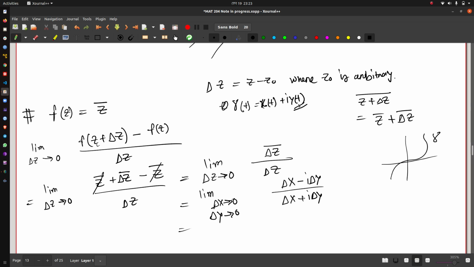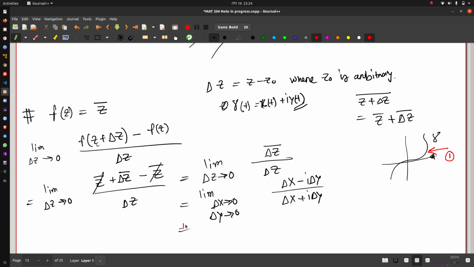But we'll discuss these things in later lectures, where we will discuss integrations and all that. For now, let's take the simplest case, and consider the case where you approach from the positive x-axis, and there is no y part, right? That means you are moving in this direction. So this is our case 1.